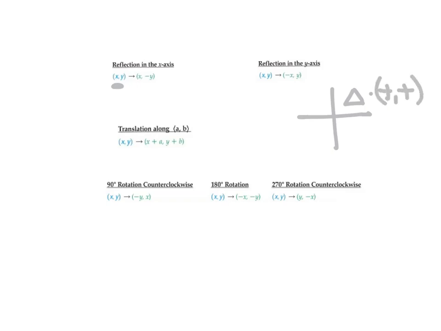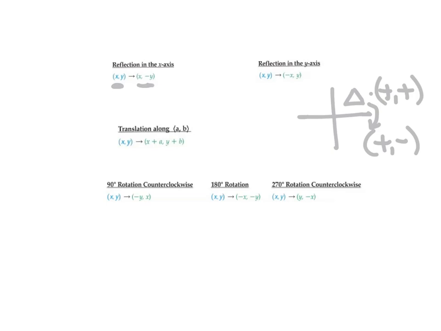If you think of the x and the y. Well, if I reflect it over the x-axis, then the x is still positive, but this time the y coordinate will be negative, and that's what you see here, okay? So you take your x and y coordinate, your x stays positive, but your y will go negative. If you reflect it in the y-axis, this time the x goes negative and the y stays positive.